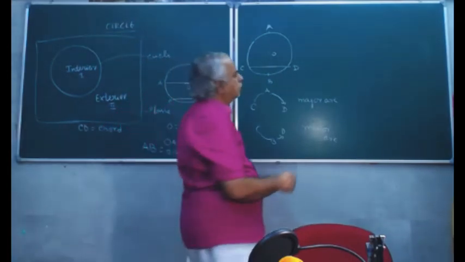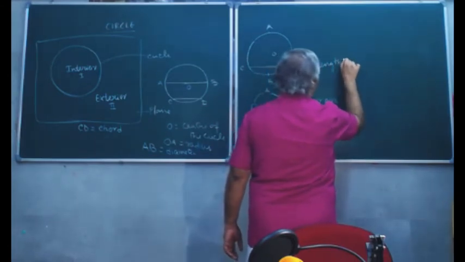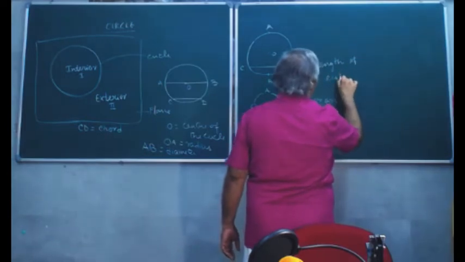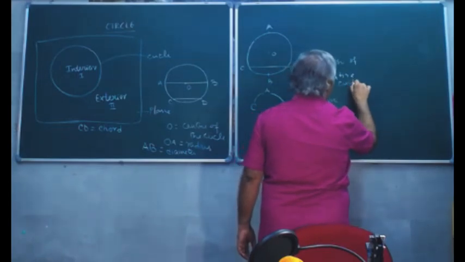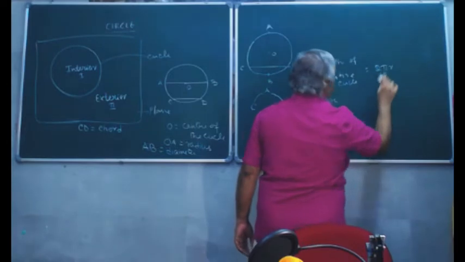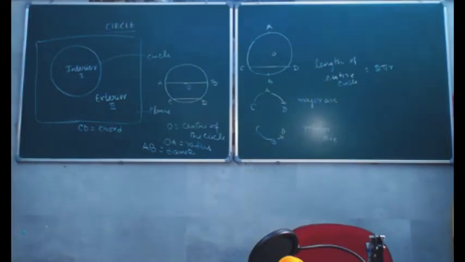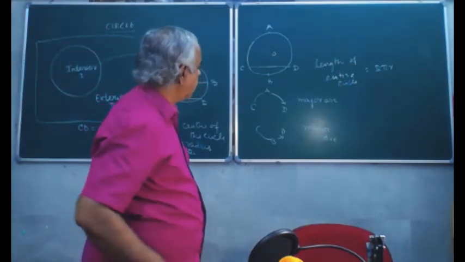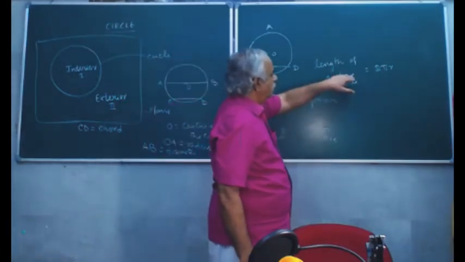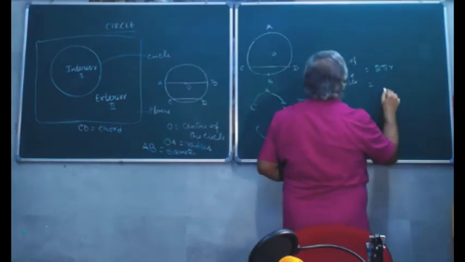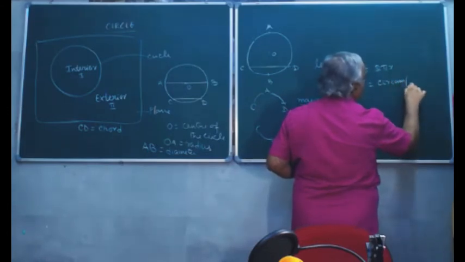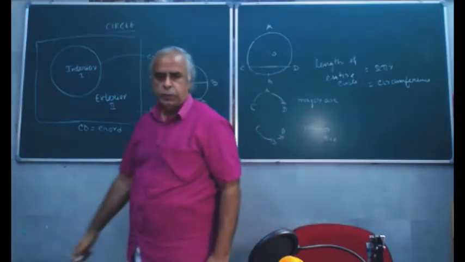So the length of the entire circle is given by 2 pi r, which is nothing but the circumference.